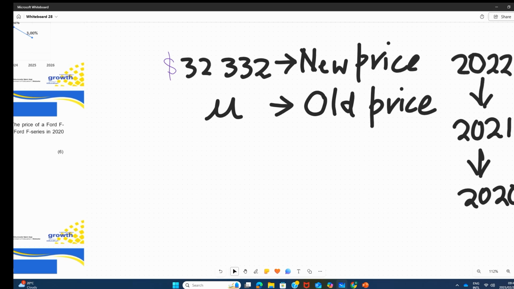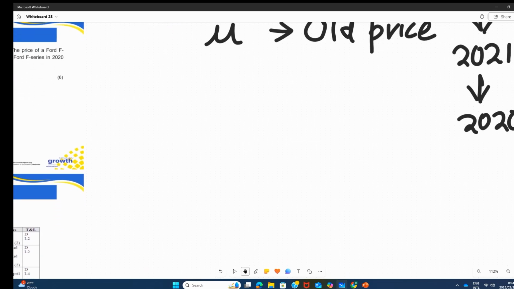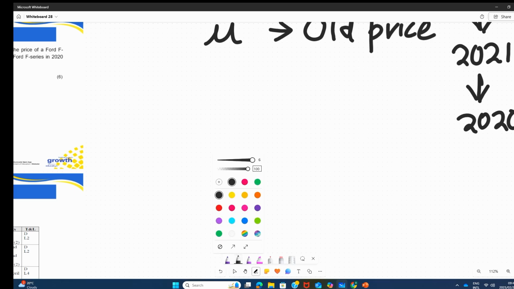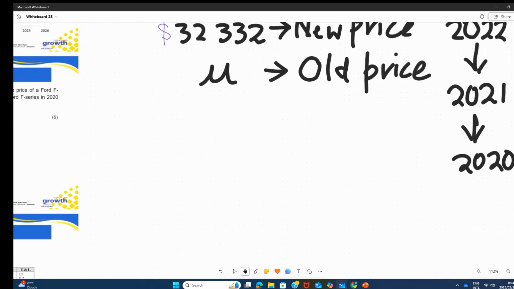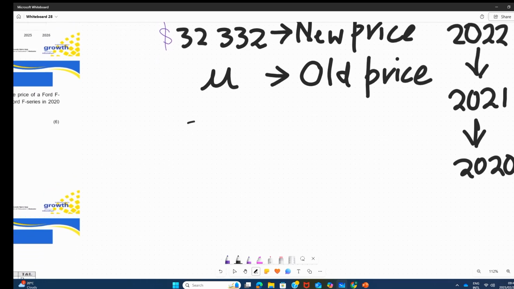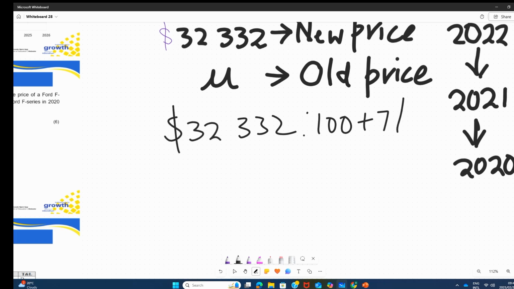So let us now do our calculation very quickly. We'll have our new price being $32,332. Remember it's new. We said it's affected by the inflation rate. It will be plus 7%.